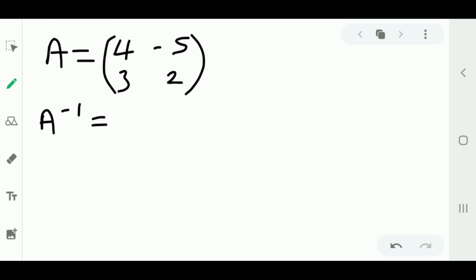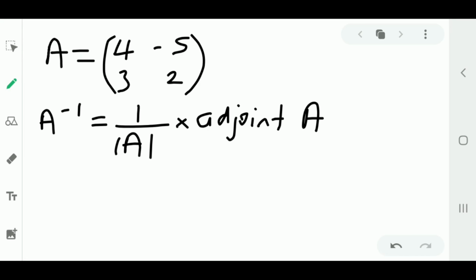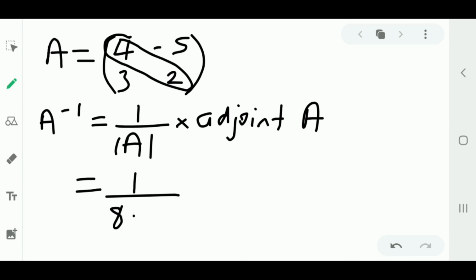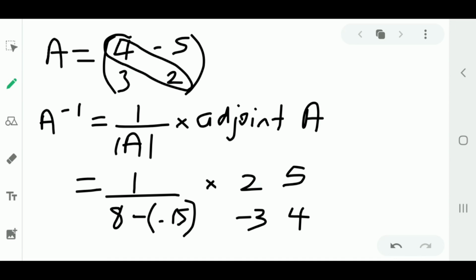A inverse is equal to 1 over the determinant times the adjoint of A. The determinant is leading diagonal 4 times 2 is 8, minus minus 15, which is 23, times the adjoint of A, which is where we switch the leading diagonal and change the signs of the other diagonal.